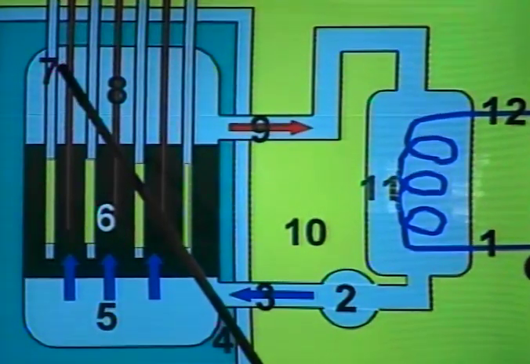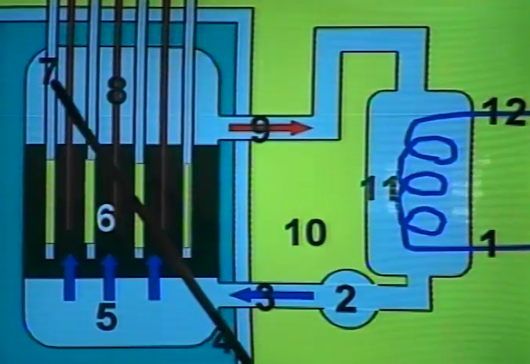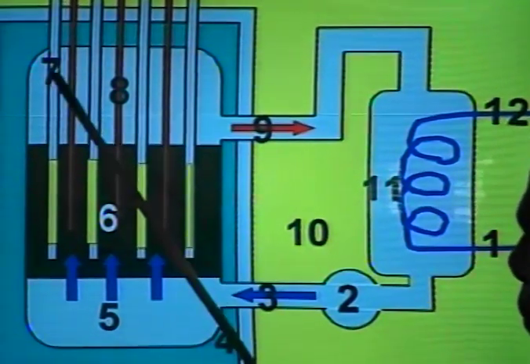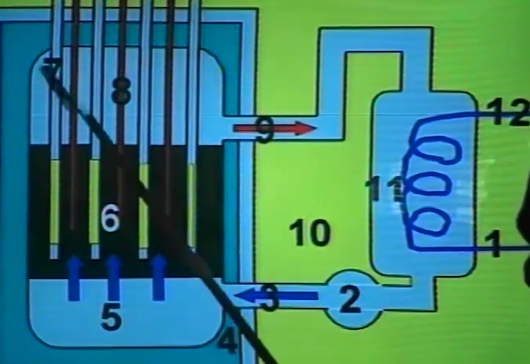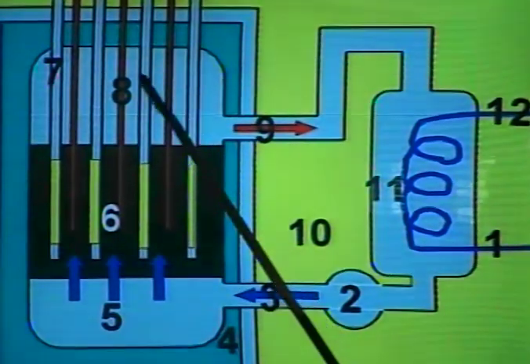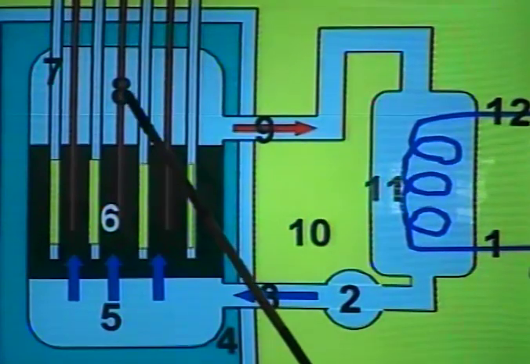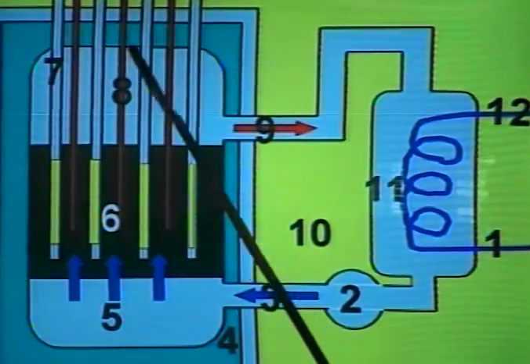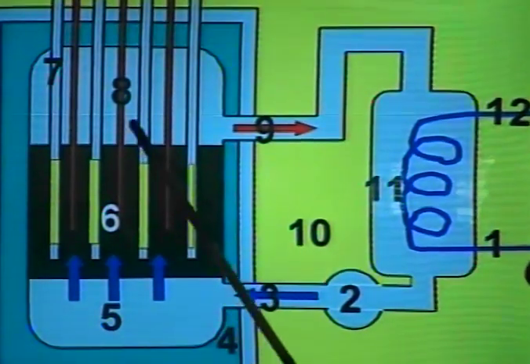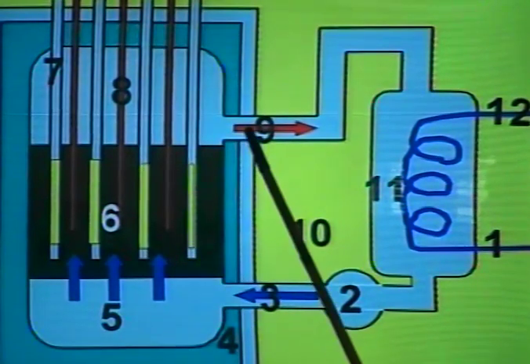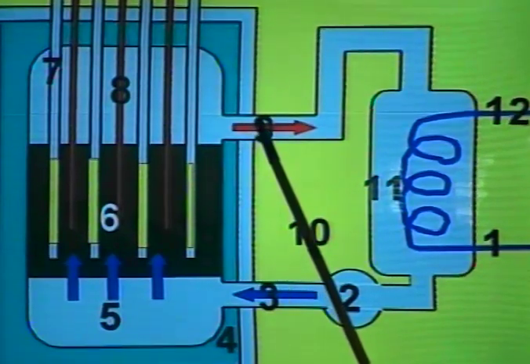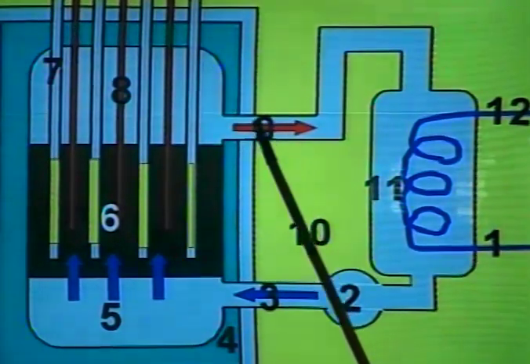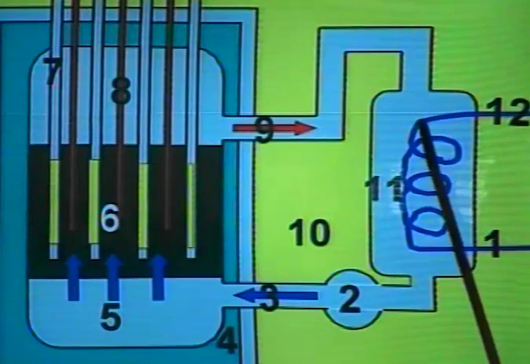That is basically to slow down the, okay, it controls or slows down the neutrons. And in here you have the boron rods which are responsible for slowing down the reaction. And then number 9 will be, what is number 9? Okay, it is a hot gas that is moving out from this.